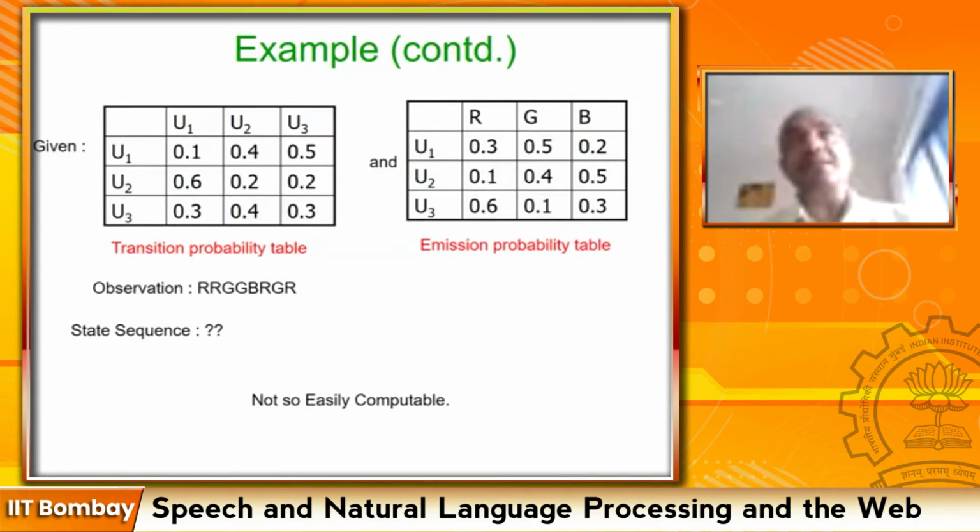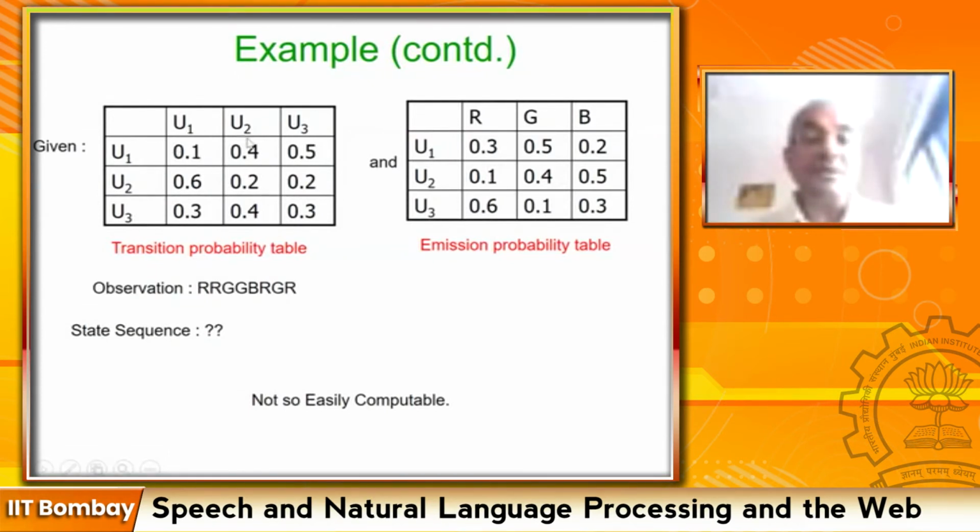All the exercises, assignments, projects should be up on the web, as well as the 3 platforms of communication that we have. Okay, so the question is, does the sum of column probabilities in the emission probability table mean something?